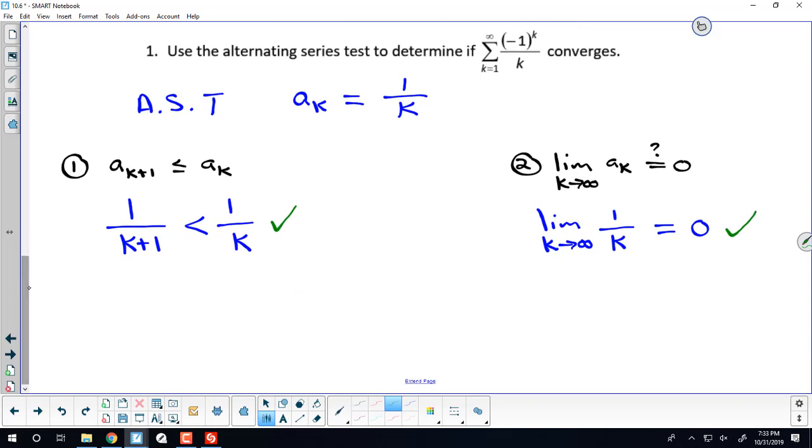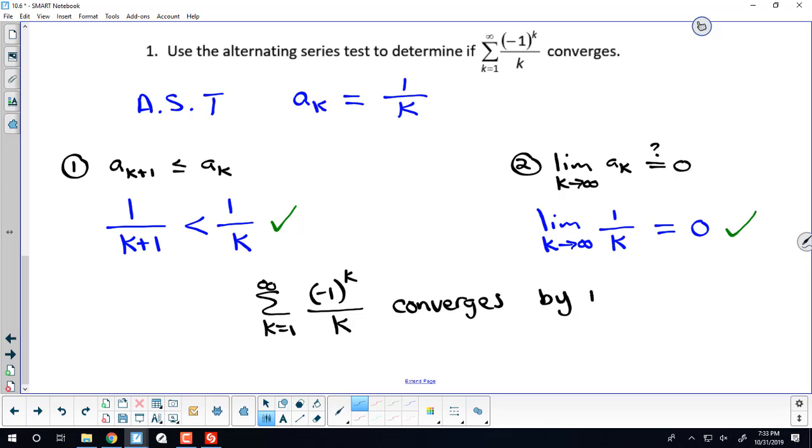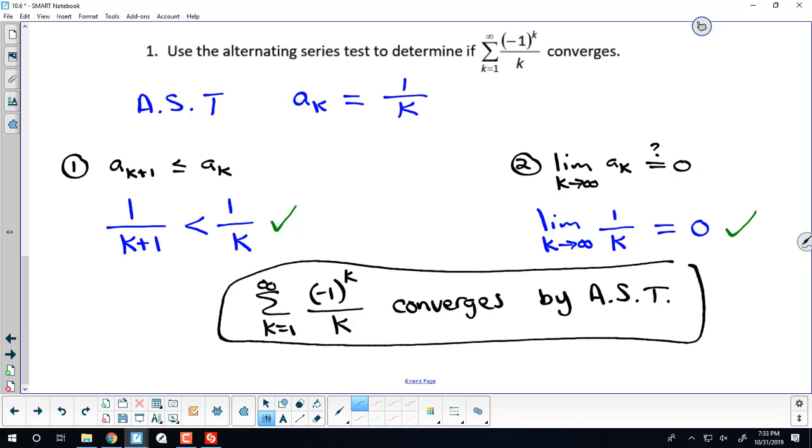So since it's non-increasing and the a sub k approaches 0, that series converges by the alternating series test. Any questions on that?